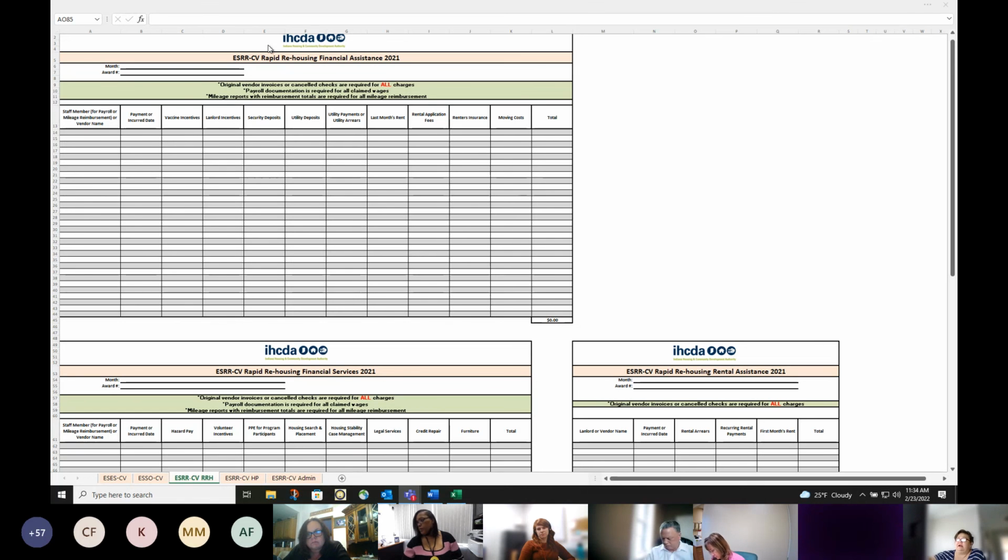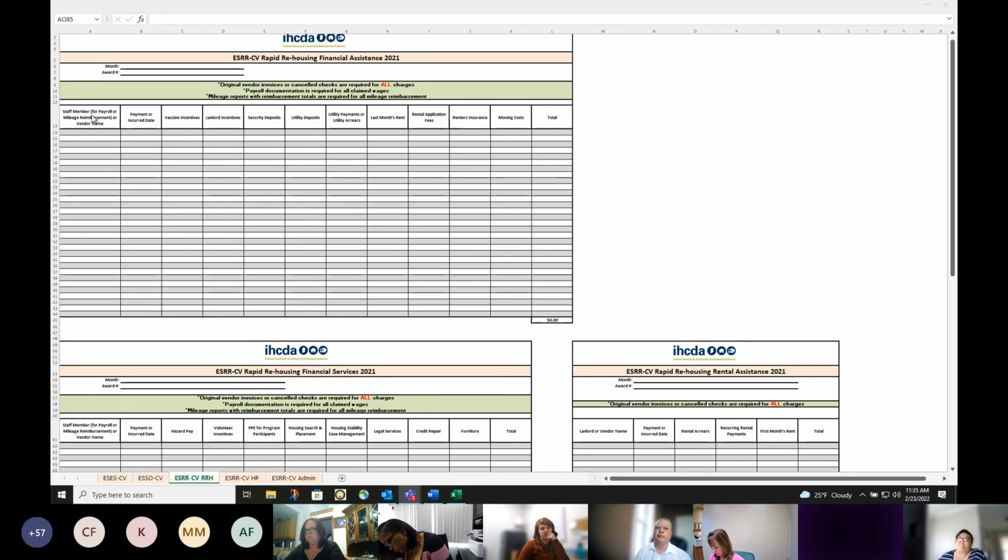When I created these, based on the requirements that Amanda had for us, I felt like doing it this way made it simple. It put the required documentation up at the top for you. There are columns that show, for example, this ESRRCV rapid rehousing financial assistance.